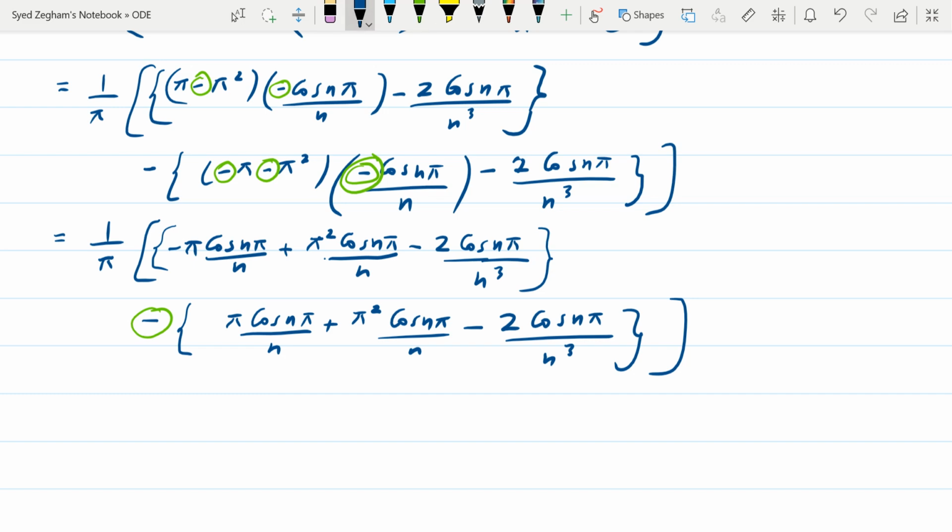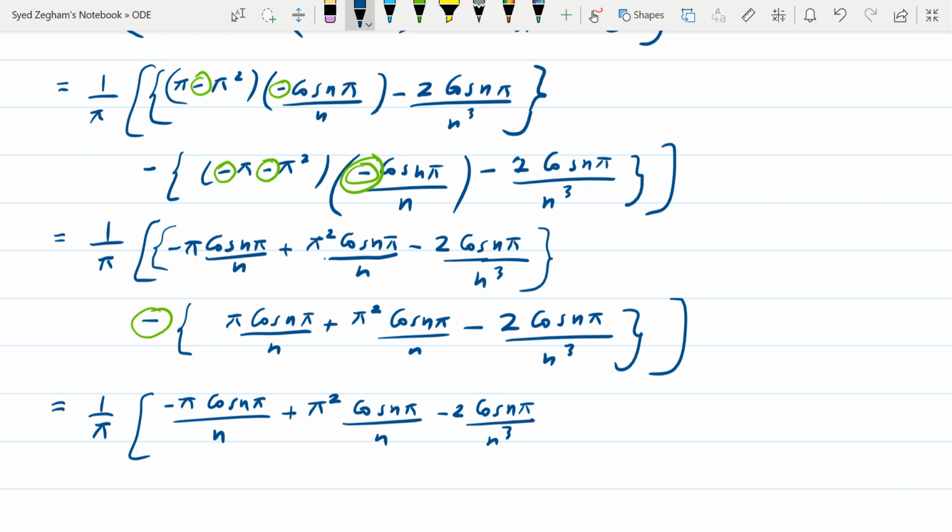Or if you want me to write one more step for this to be more clear, I will write it. It is not required. You can cancel directly also. But if someone is getting confused, let me write it. No problem. So the first bracket is giving us minus pi cosine n pi by n plus pi square cosine n pi divided by n minus 2 cosine n pi divided by n power 3.